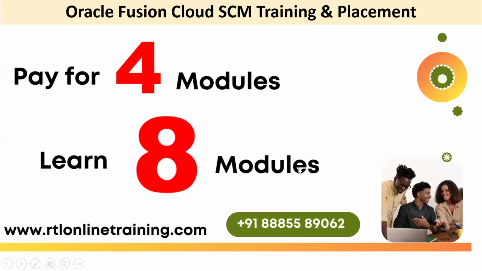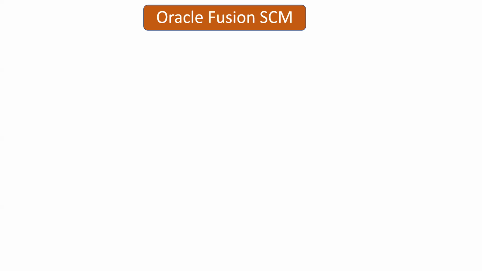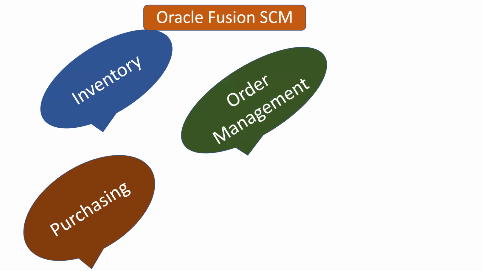So earlier we were learning only 4 modules. Now, as I said, we required 8 modules. We are going to learn the 8 modules for the same price, 20,000. Earlier 4 modules, now 8 modules we are going to learn, because supply chain management means only these 3 people used to have: inventory, purchasing, and order management.